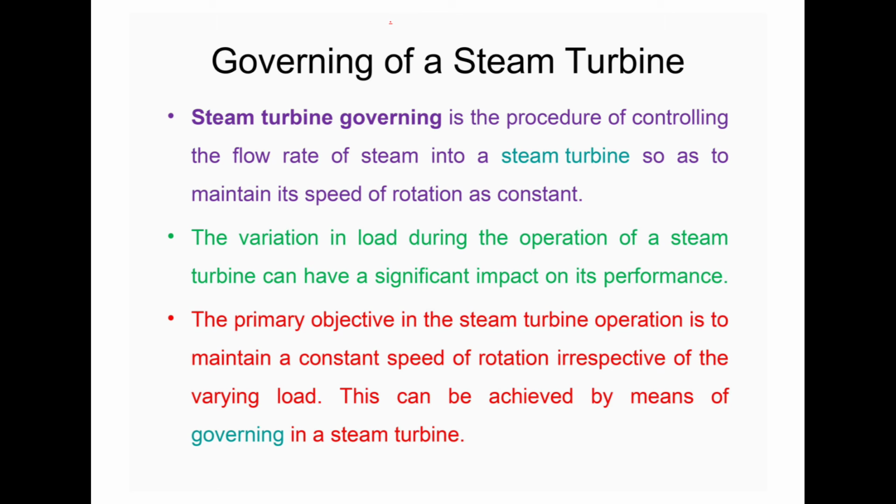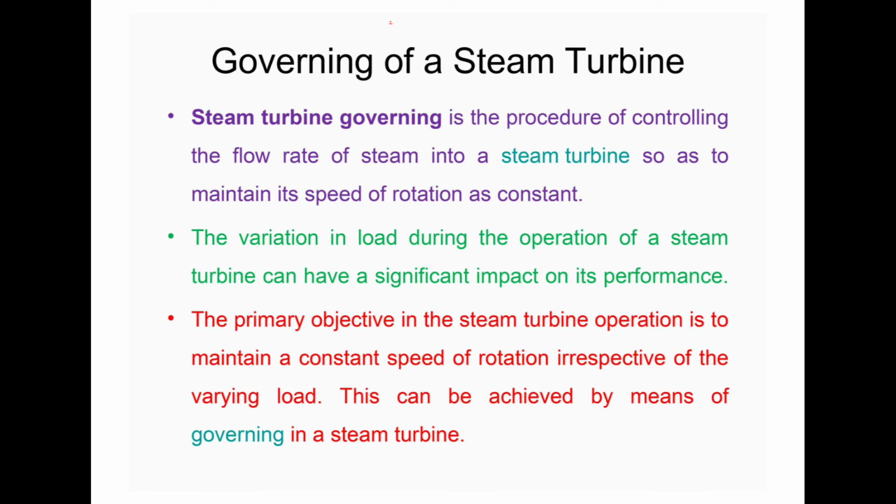Variation in load during the operation of a steam turbine can have a significant impact on its performance. The control unit of the governing system will assist in reducing the variation of the loading performance.